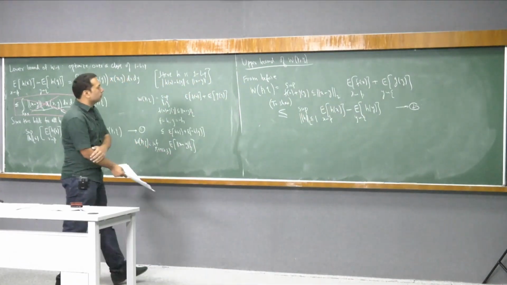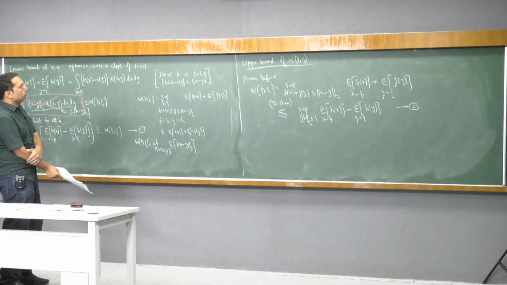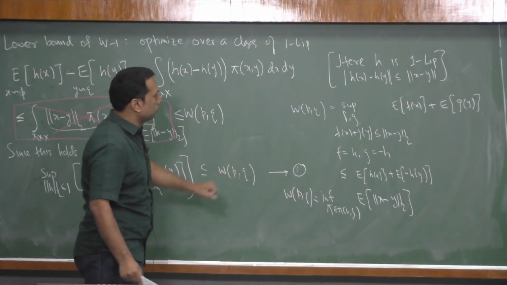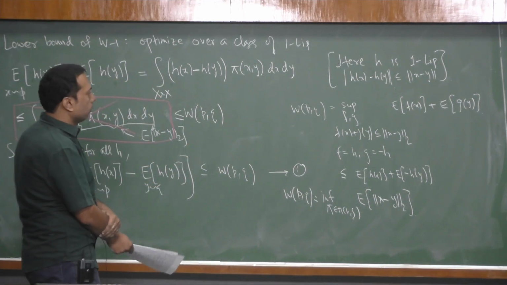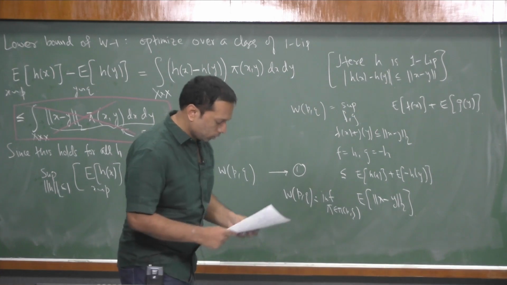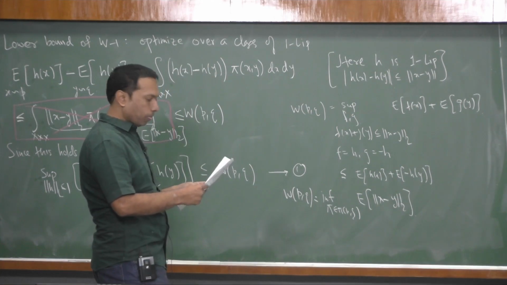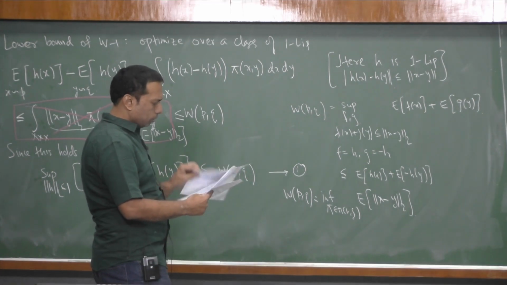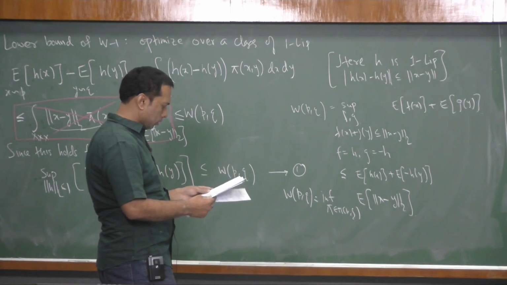So this is the supremum, and we have to show that the same thing also upper bounds this. Okay, that's what we have written there. Lower bound, upper bound.